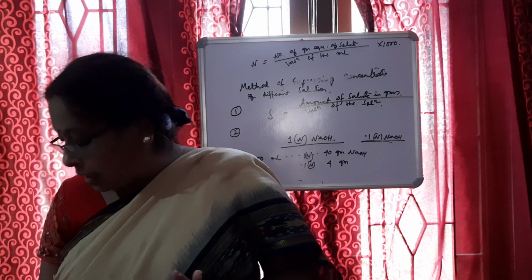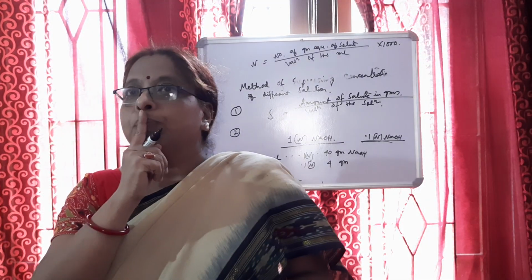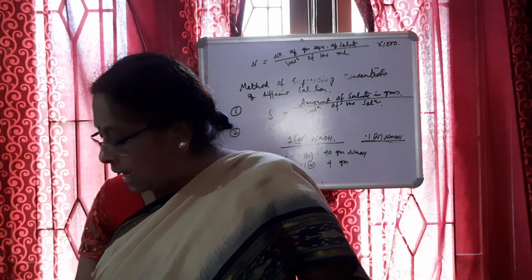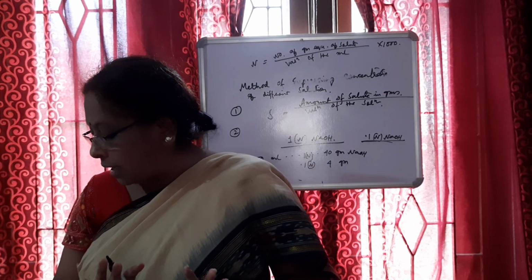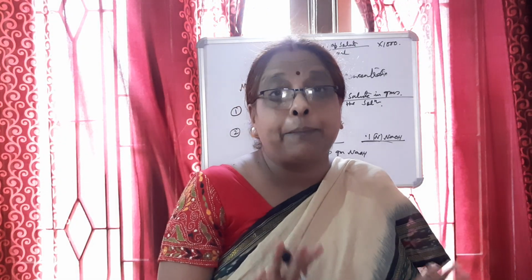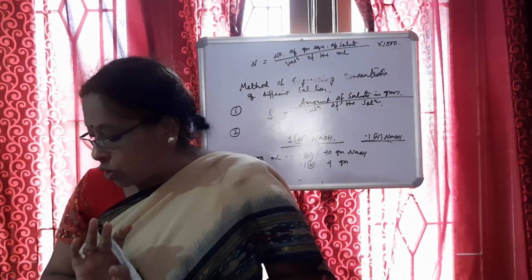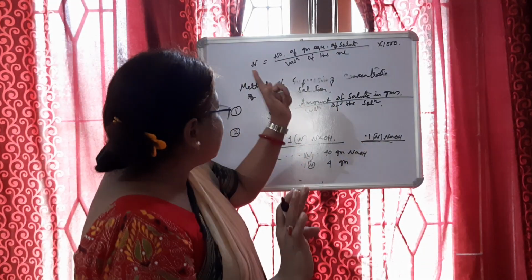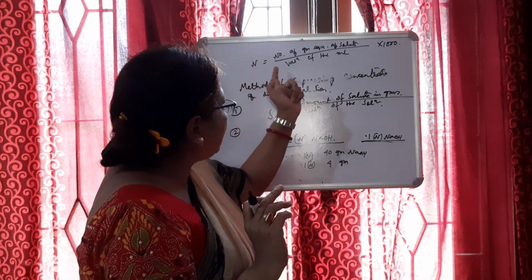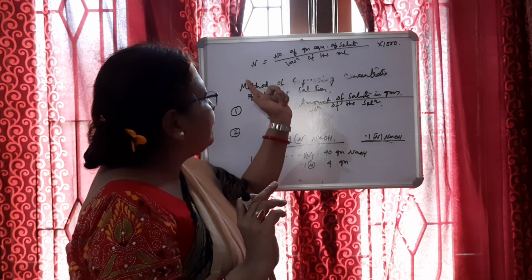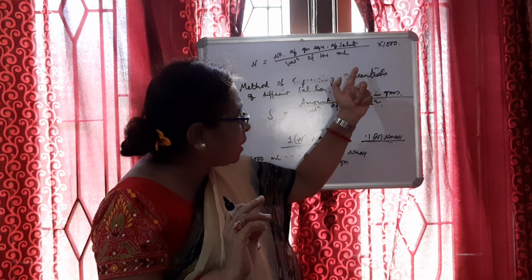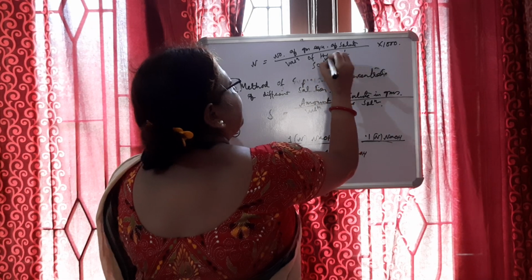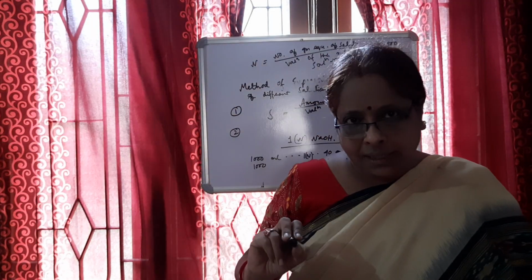Now molarity is the number of moles of the solute present per liter of the solution. It is denoted by capital M. So capital M is number of moles of the solute divided by volume of the solution in ml into 1000.